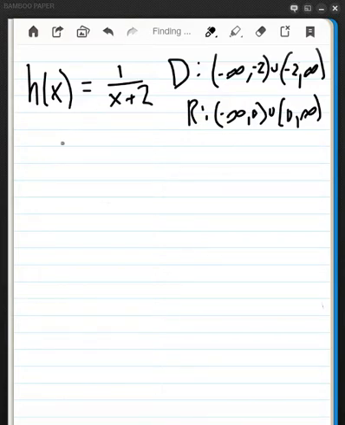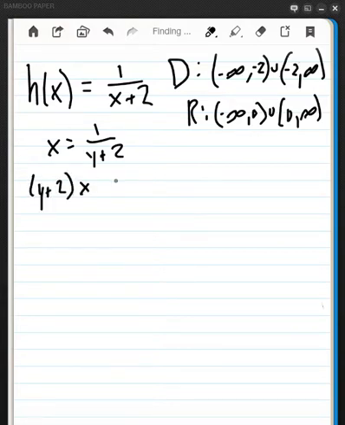Alright, let's switch our independent and dependent variable. X is equal to 1 over y plus 2. Alrighty, to solve this, you could either look at it like a proportion, so we're going to cross multiply y plus 2 times x and 1 times 1, or to clear a fraction, you multiply by the LCD, so multiply this side by y plus 2 and this side by y plus 2. Doesn't matter how you do it, you're going to get the same result. Y plus 2 times x is equal to 1.